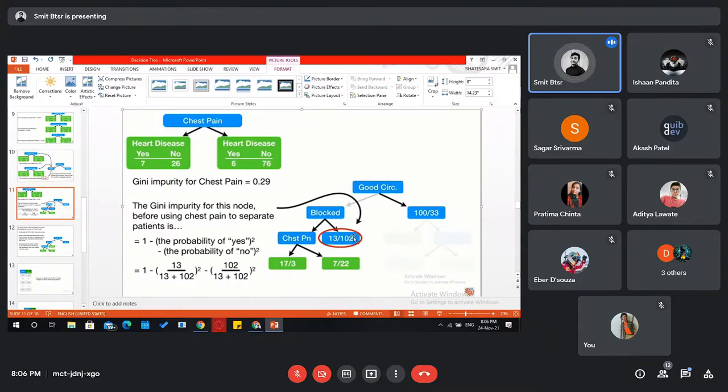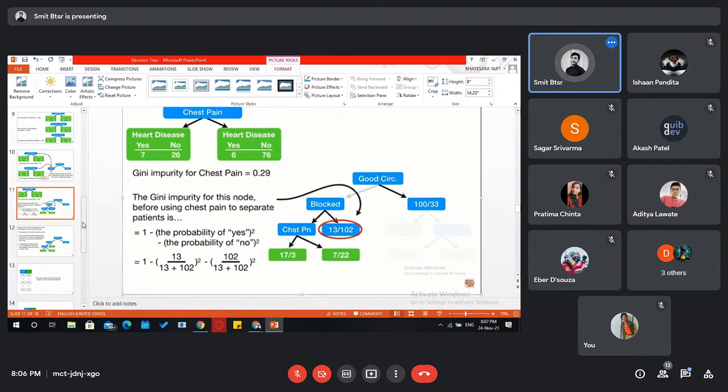Here we can end because there is low impurity, so we don't need to check the third one on chest pain, because in the data set most of the people who had good circulation and no blocked arteries had very few, almost none, chances of heart disease. So we do not ask further questions. We can conclude that there is a little chance there. We do not have to ask all the questions, and we do not have to build the whole tree.